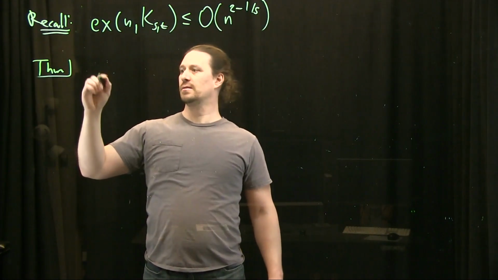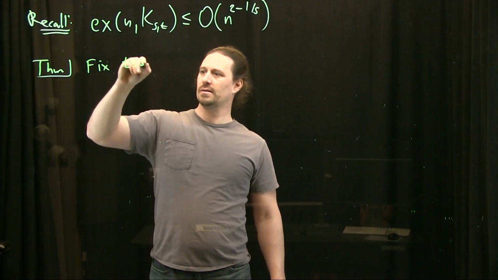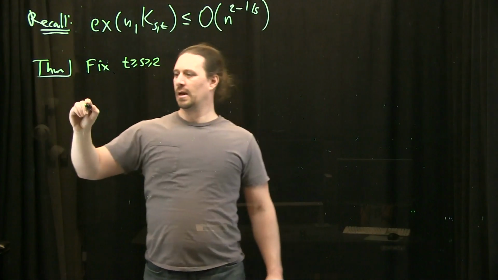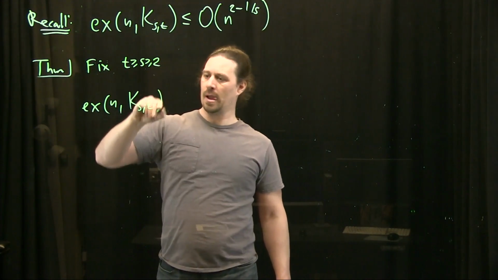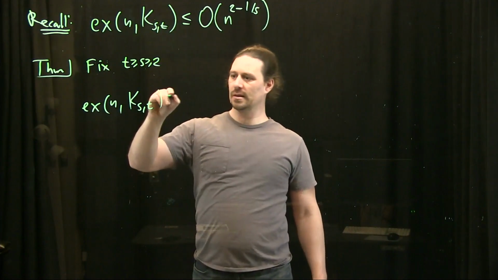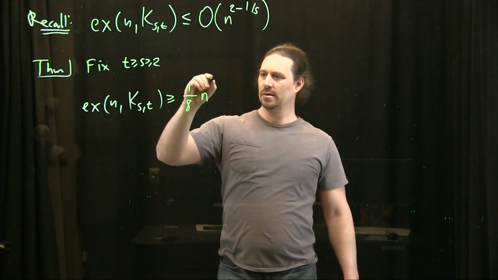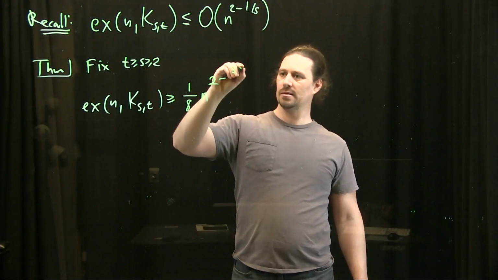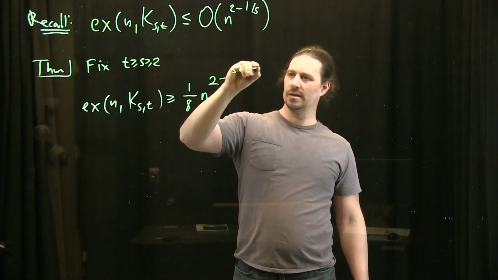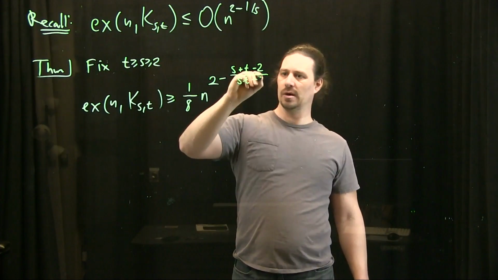So the theorem says, let's fix t is greater than or equal to s is greater than or equal to 2, and then we have that the extremal number of K_{s,t} is at least 1/8 n, and the exponent here is 2 minus (s plus t minus 2) divided by (s times t minus 1).